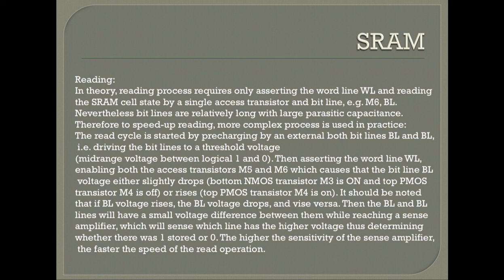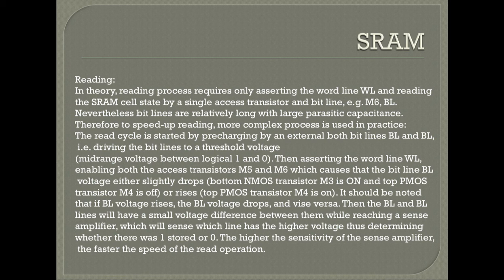Reading. In theory, the reading process requires only asserting the word line and reading the SRAM cell state by a single access transistor and bit line. Nevertheless, bit lines are relatively long with parasitic capacitance. Therefore, to speed up the reading, a more complex process is used in practice.